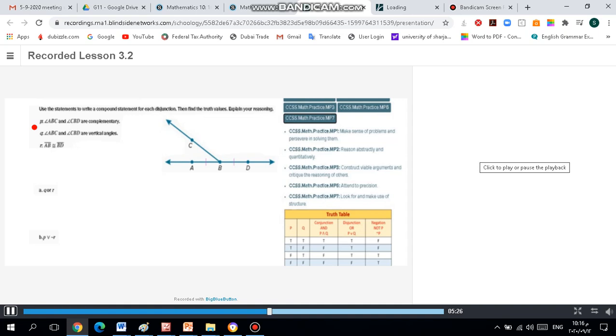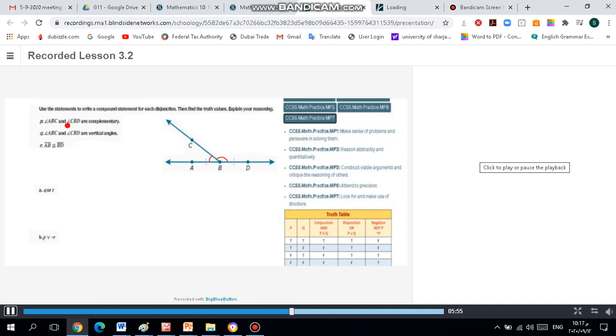Let's read the statements. We have three statements here, P, Q, and R. You have to read them carefully, and these statements relate to this figure. Angle ABC and angle CBD are complementary.